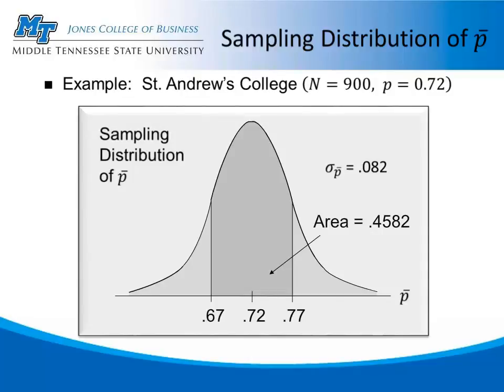This slide shows a visual representation of the original problem. What was the probability that the p-bar value is between 0.67 and 0.77? That it's between plus and minus 5% of the population value. And we figure out what the two z-values are, look up the probabilities in the table, take the difference in the probabilities, and it turns out to be 45.82%.